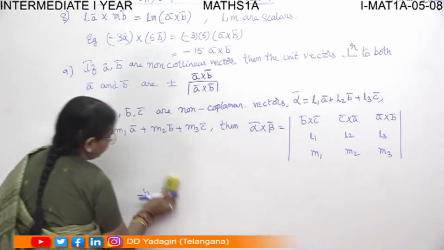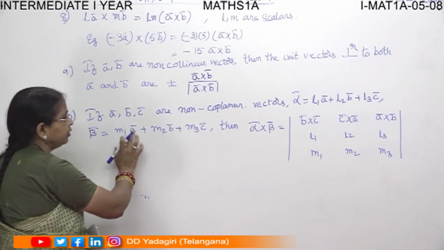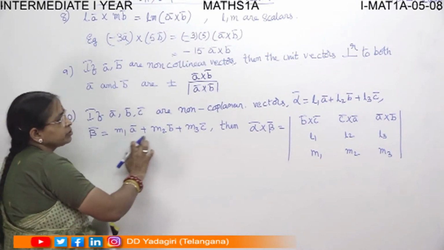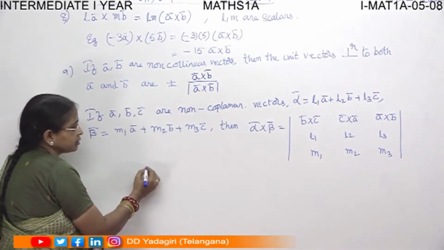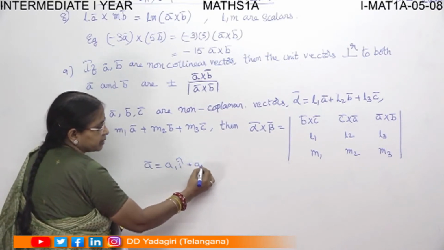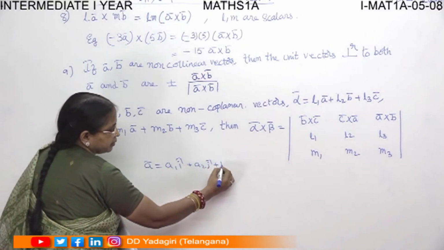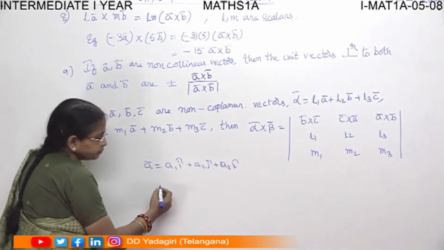Next one is this. This we may not be using anywhere, but for your understanding, I am giving this formula. If the vectors are alpha and beta instead of A and B, we have written the formula. Suppose A is A1i plus A2j plus A3k, and B is B1i plus B2j plus B3k, like that.